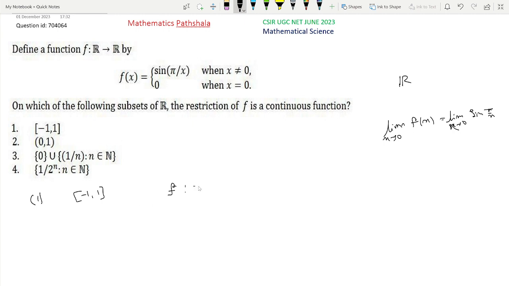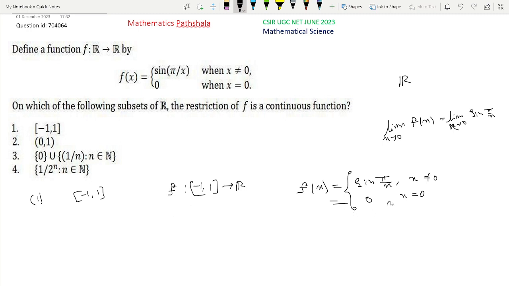So it will be f from [-1, 1] to R defined by f(x) = sin(pi/x) when x is not equal to 0, and 0 when x equals 0. The function is actually the same, and the domain is a proper subset of the given domain.